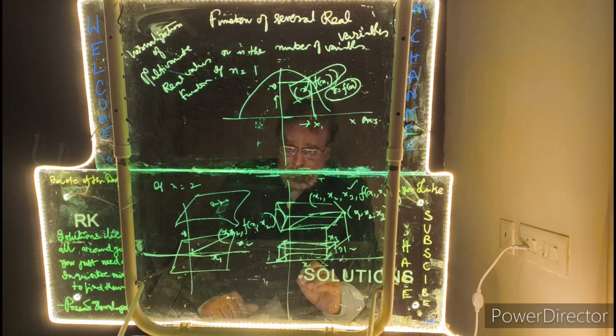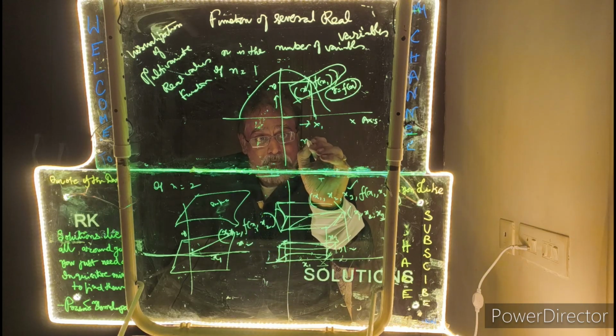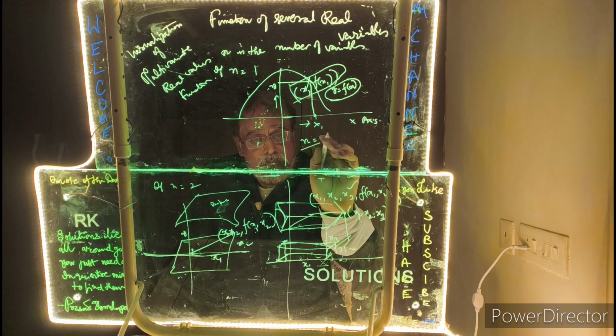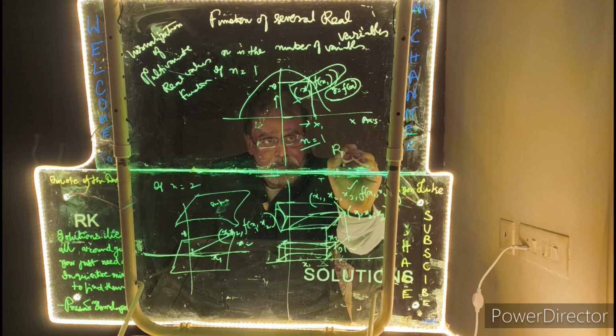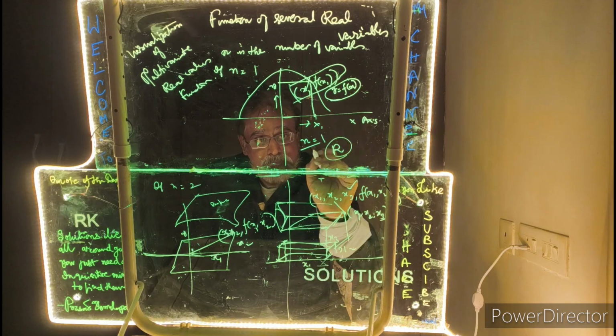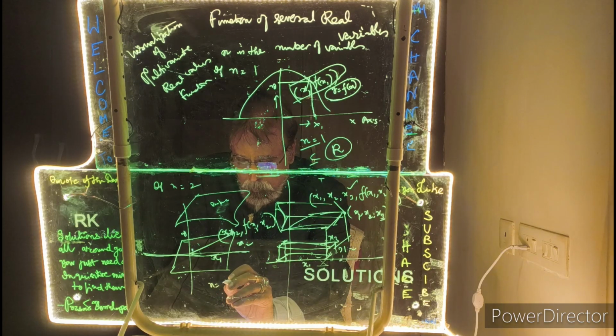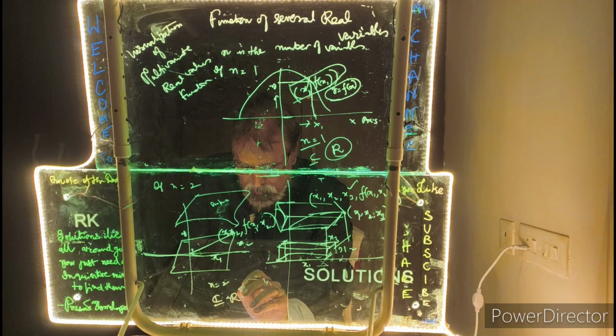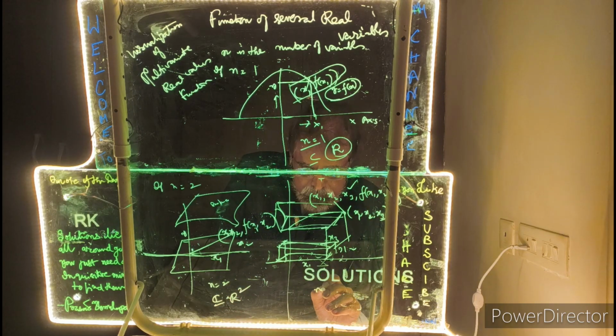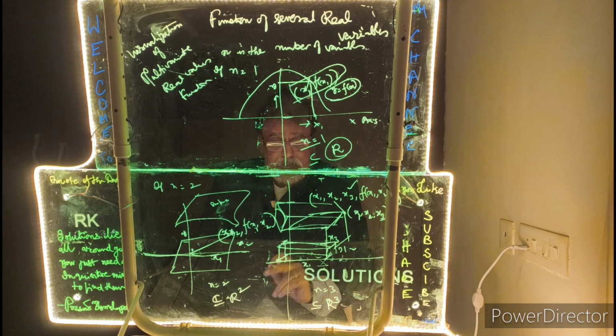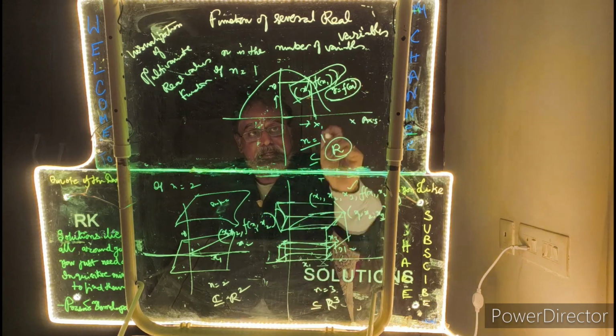So what we observe here is, if n is 1, then R will be there. It should be a subset of R. If n is 2, it should be a subset of R square. If n is 3, then it should be a subset of R3. Mathematically it is possible. So this is how multivariate functions look.